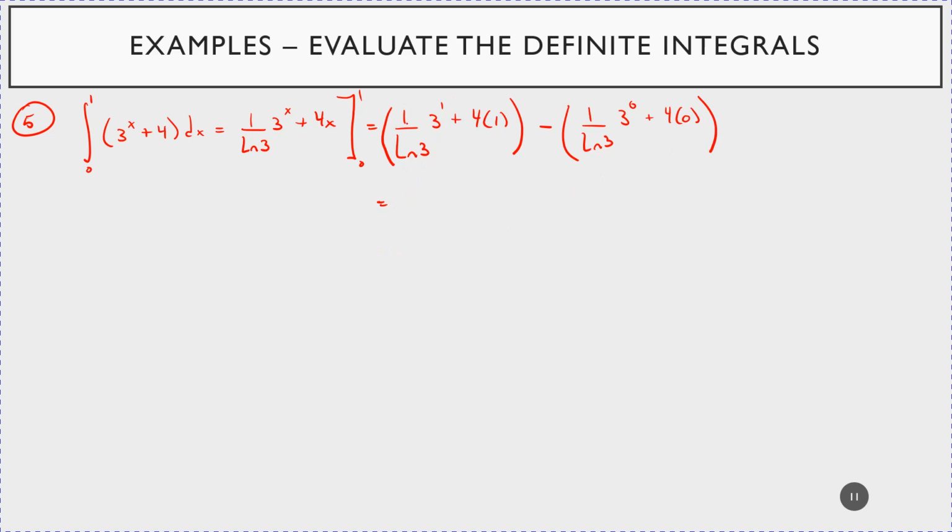So this is 3 times 1 is 3 over the natural log of 3, plus 4. And 3 to the 0 power is 1. So minus 1 over the natural log of 3, and then this is 0. So just to clean this up, look, 3 minus 1, this is just 2 over the natural log of 3 plus 4.